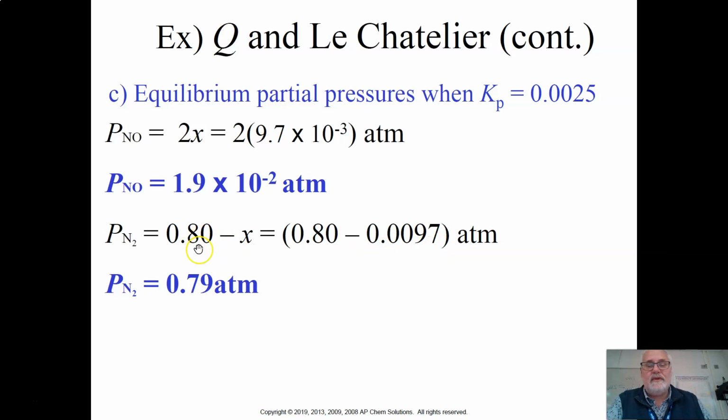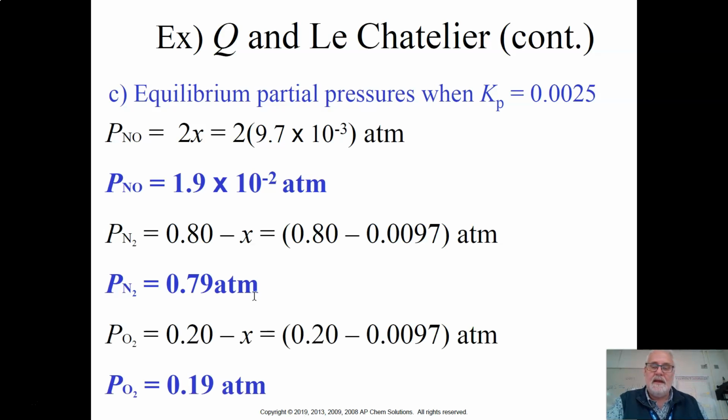So my answer can have 2 places to the right. And as it turns out, when you punch those numbers in your calculator, you end up with 0.79 atmospheres, very close to the 0.8. But you would have been wrong if you would have made that assumption, and you'd have missed a couple of points on this one, right?